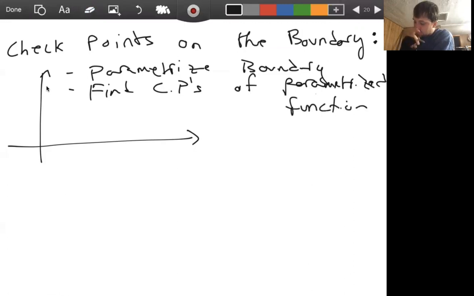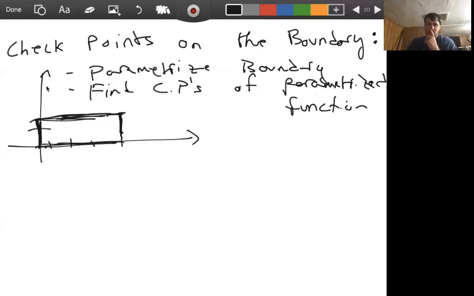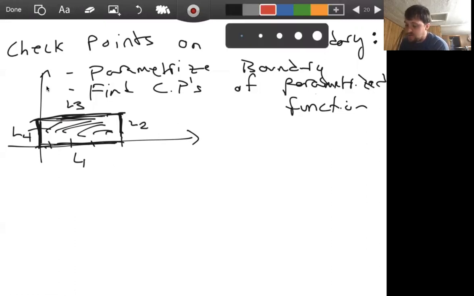Okay, so let's see what I mean here. Our domain right now is the set of points (x, y) such that x is between 0 and 4 and y is between 0 and 2, and it gives us this rectangle here. You'll notice there are 4 line segments to the boundary of this domain.